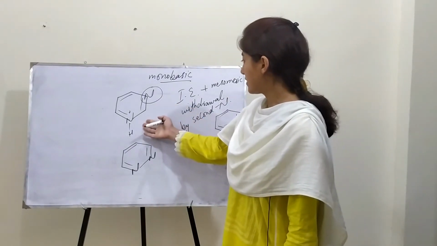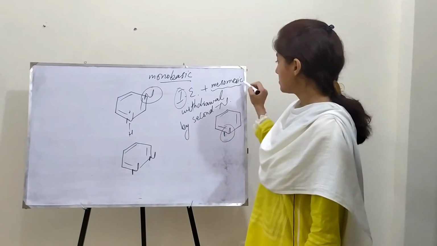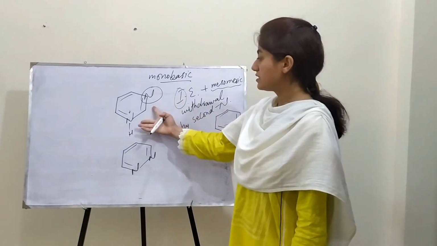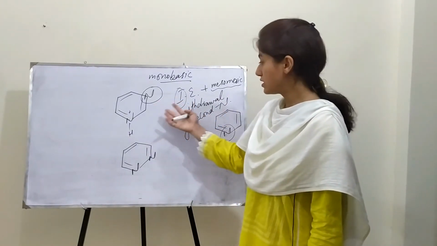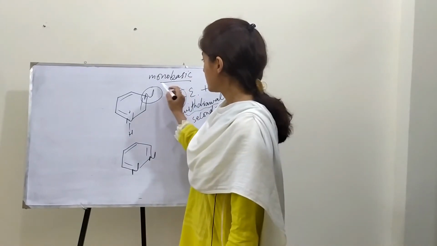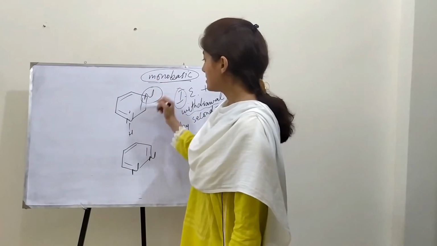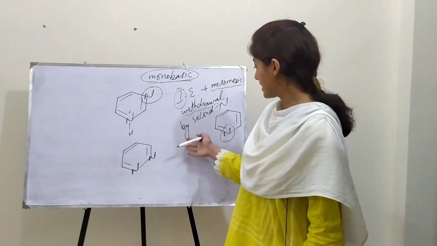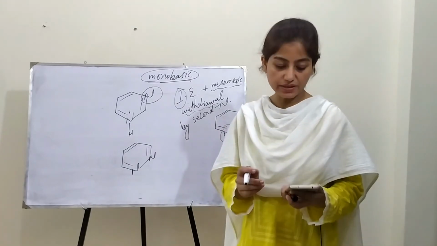So because of this character, inductively and mesomerically these nitrogens withdraw the electron density. So these two parameters make these diazines monobasic or less basic as compared to pyridine.